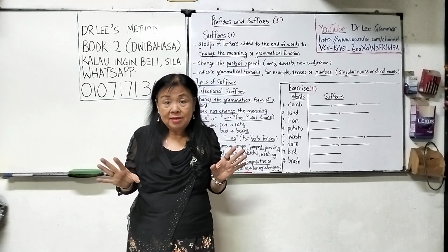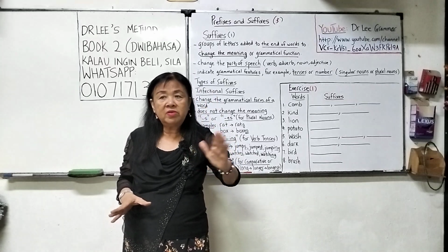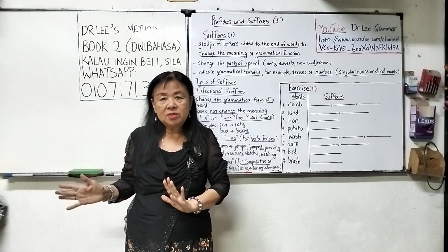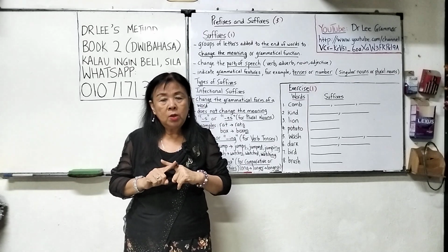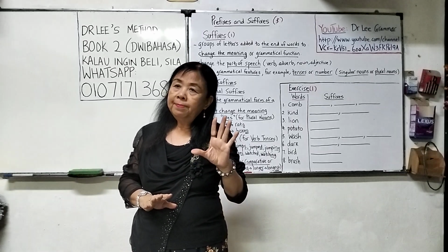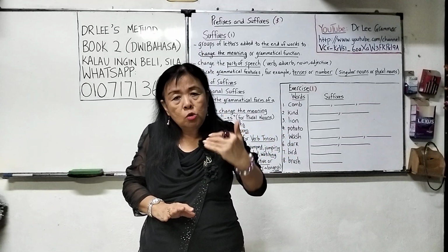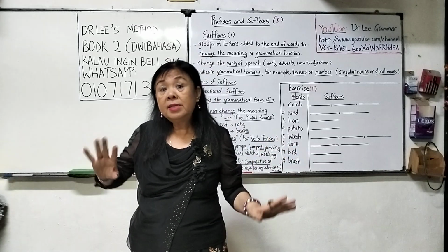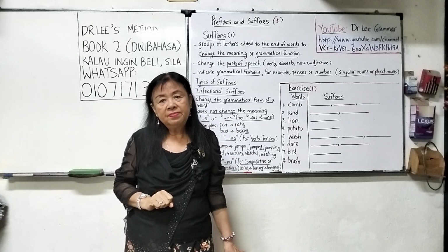It is not mathematics, where there are set formulas and all you have to do is follow the formula: this times this equals this, this plus this equals this. In English, no. We say basically, or most of the time, or usually, but not 100%. There are instances of 100%, but most of the time, no. Alright?